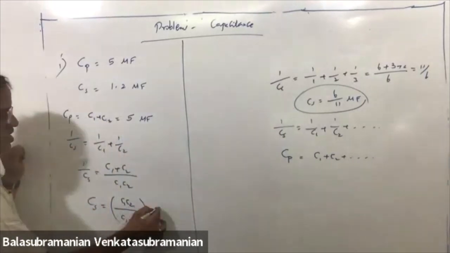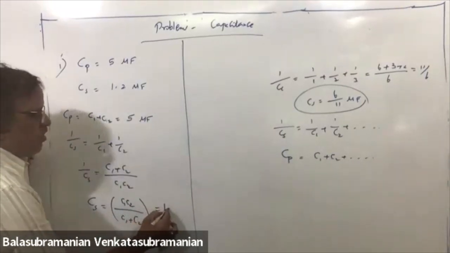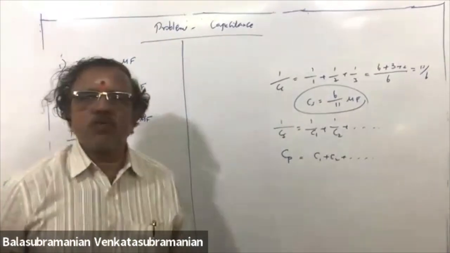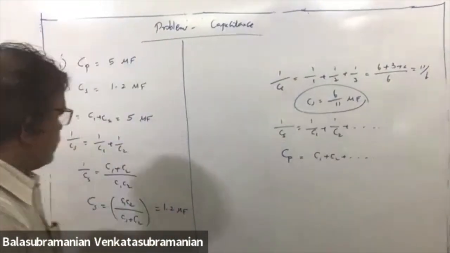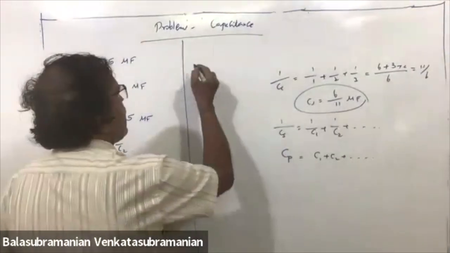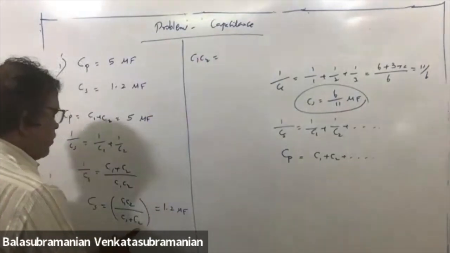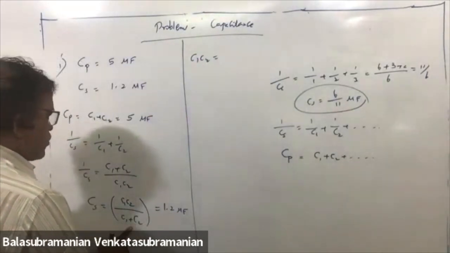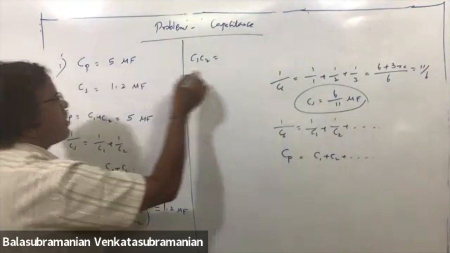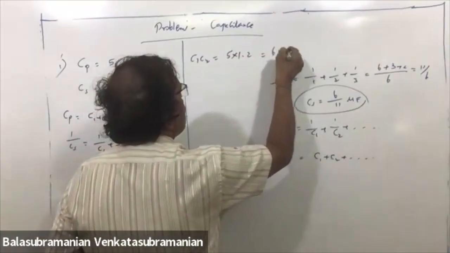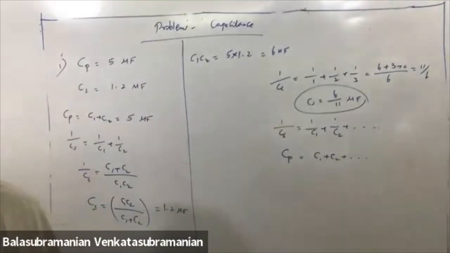That is given as 1.2 microfarad. So cross multiply: C1 C2 is equal to C1 plus C2 into 1.2. C1 plus C2 is 5, so 5 into 1.2, 6 microfarad.